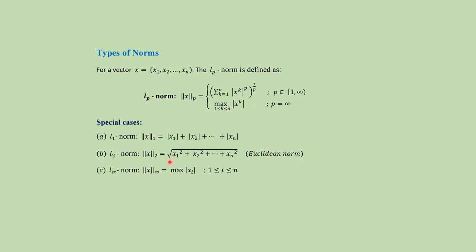That is, we will first square each component and then add them together and finally take its square root. L2 norm is also known as Euclidean norm. If p equals infinity, then we get the L infinity norm. That is, we will take the absolute value of each component and then take the maximum component from them.